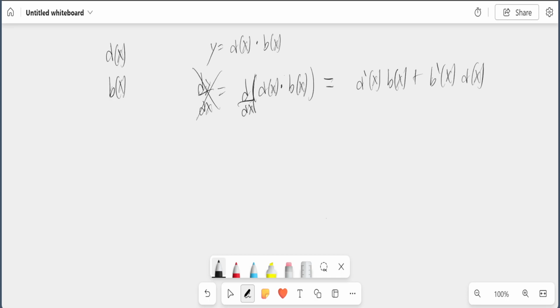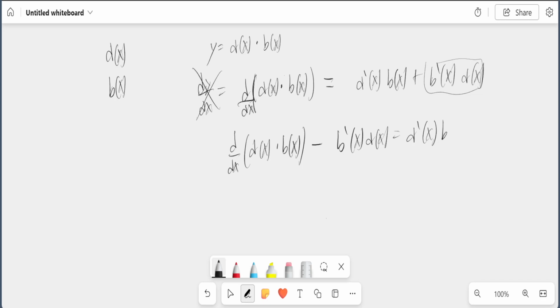So now let's just subtract one of these to the other side. We get d over dx of a of x times b of x minus b prime of x, a of x is equal to a prime of x, b of x. Yeah.